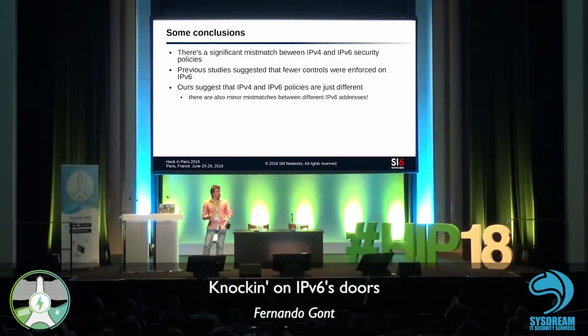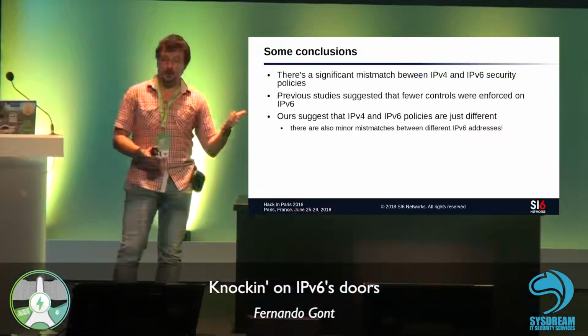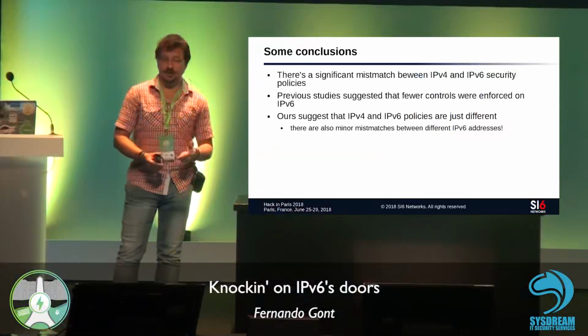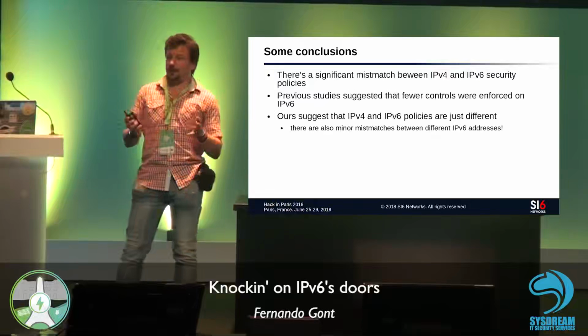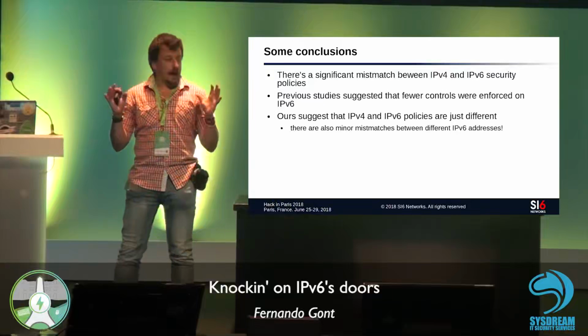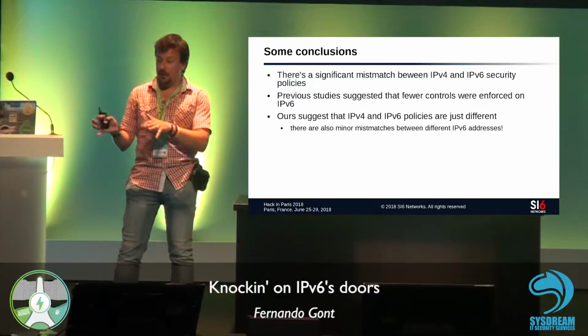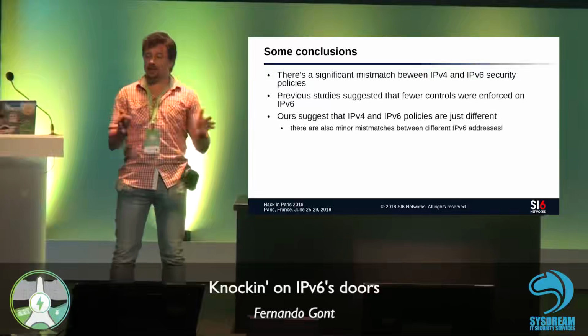Even for vendors that claim that they support IPv6, the support for IPv6 might not be that good. Maybe there are features that are just not implemented on IPv6. Or the other thing, which is more tricky, is that there are a number of vendors that implement the IPv4 functionality in hardware, but they implement the IPv6 functionality in software.